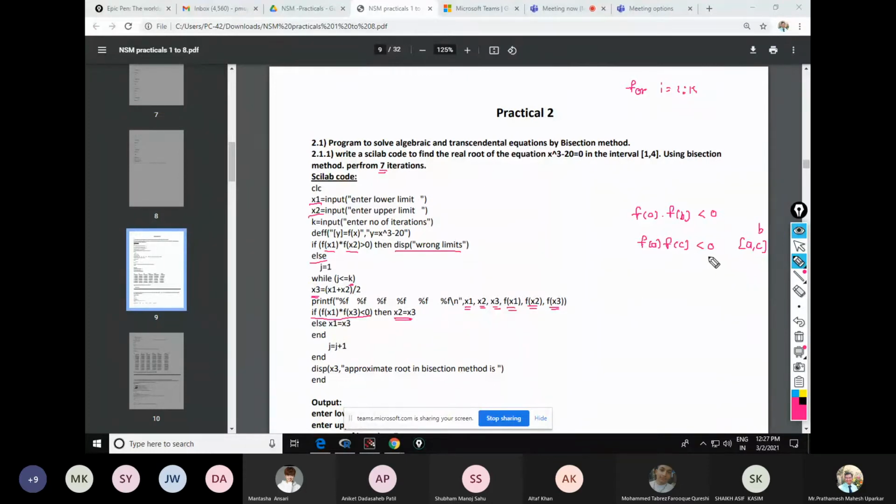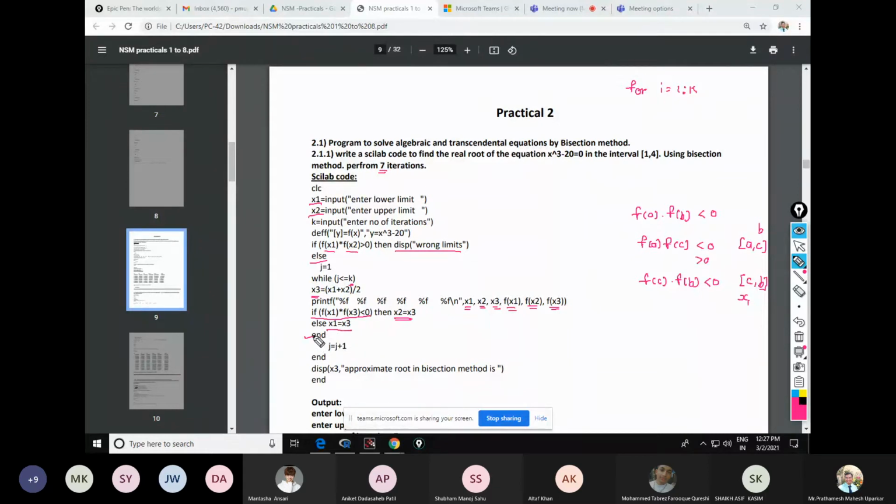Otherwise if negative नहीं आया, if positive आया, तो obviously f of c into f of b negative आएगा। So I have to take the interval in this case c to b, मतलब x1 क्या बन जाएगा मेरा? c बन जाएगा। So else, if it is not negative, I have to take x1 is equal to x3.